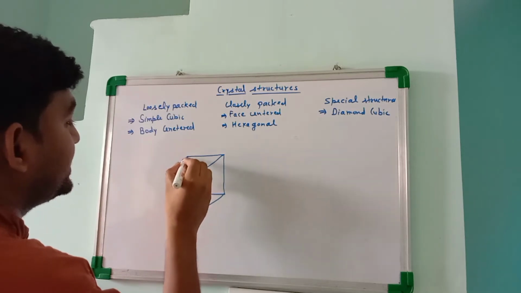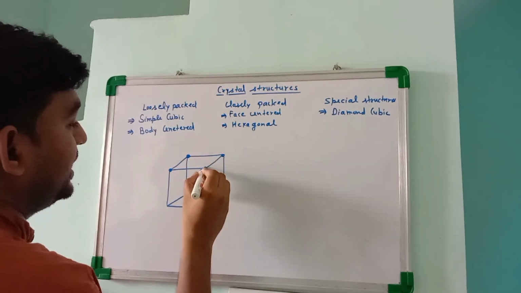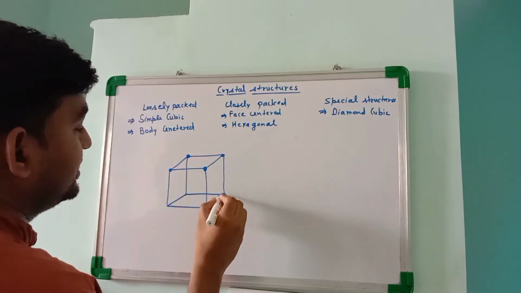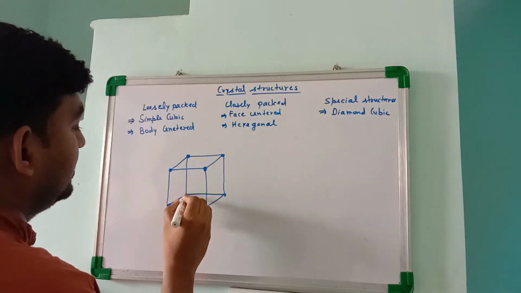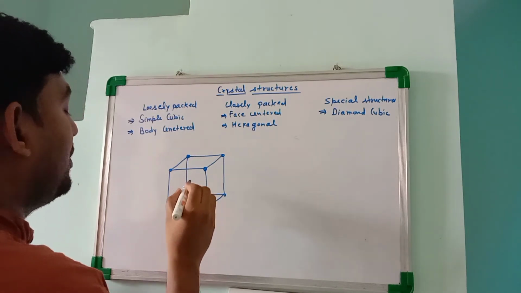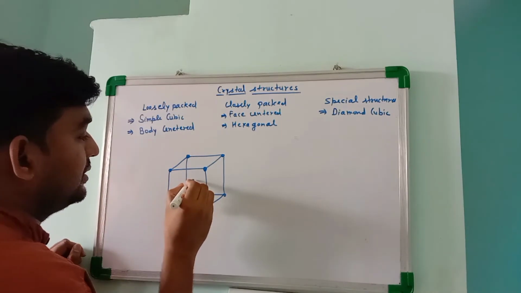In body centered unit cell, we know that one atom is present in the body of the unit cell.